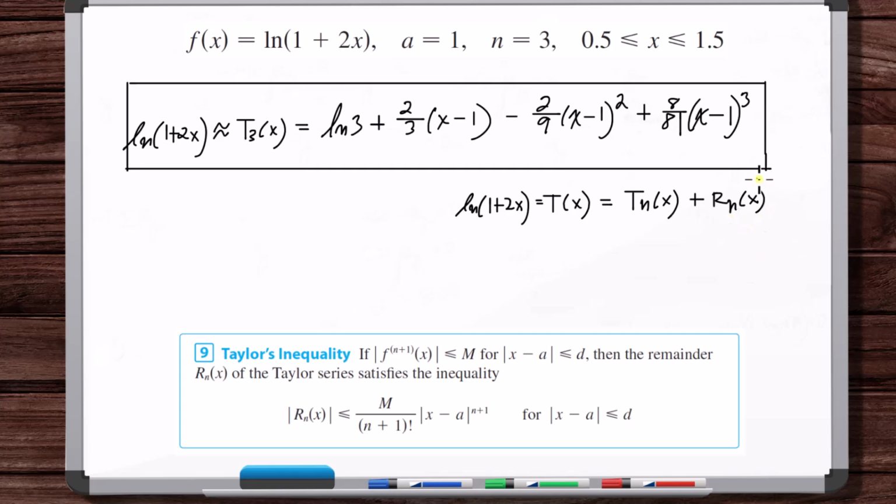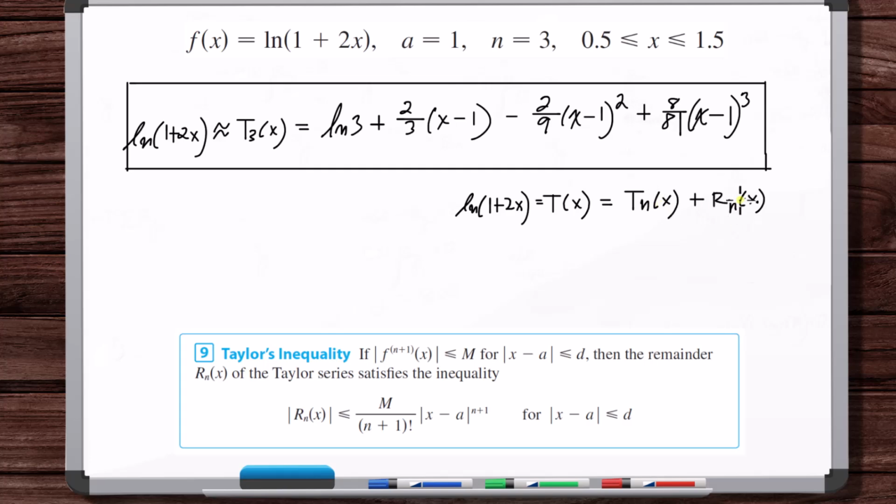We need an estimate on the largest this remainder could possibly be. We can start by getting that as a function of x, and then plug in the worst case scenario x to get an actual number. So no matter what x you plug in, you have an actual value that you know you can't be more off than.